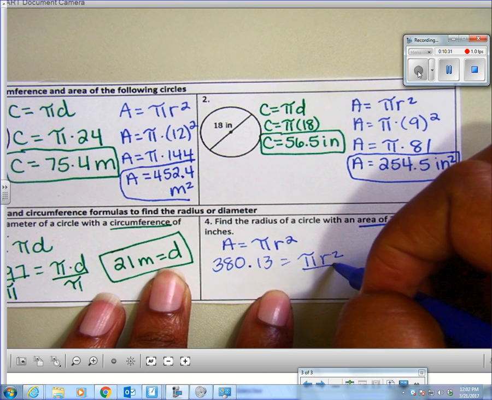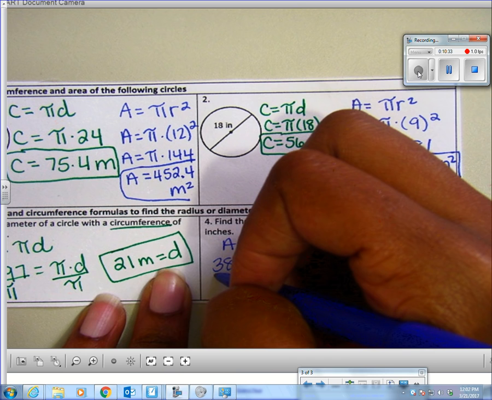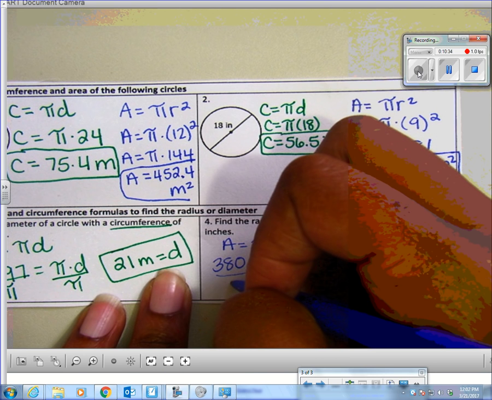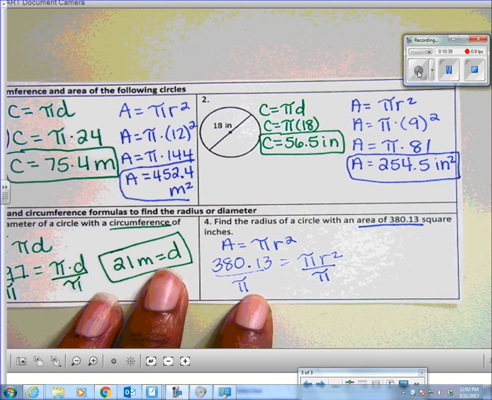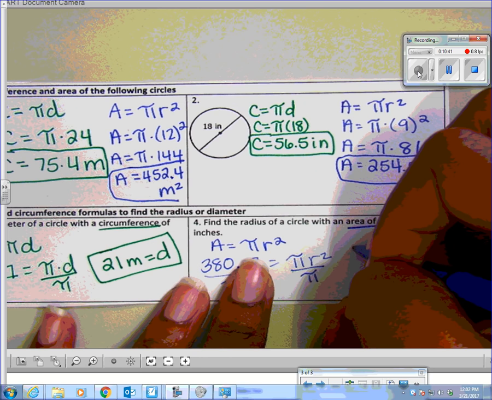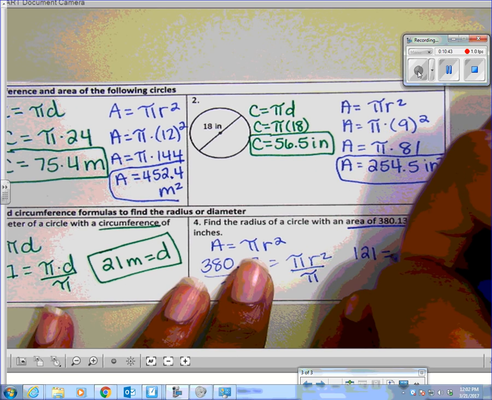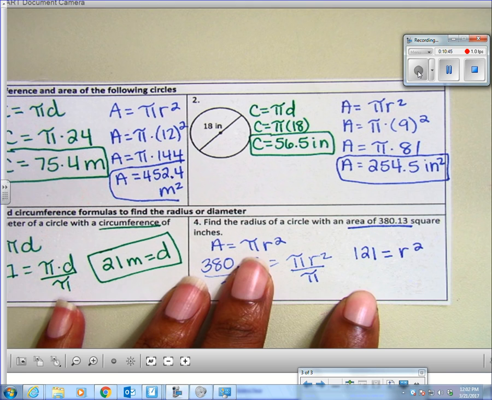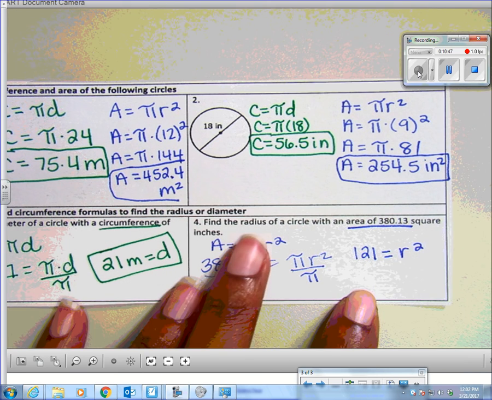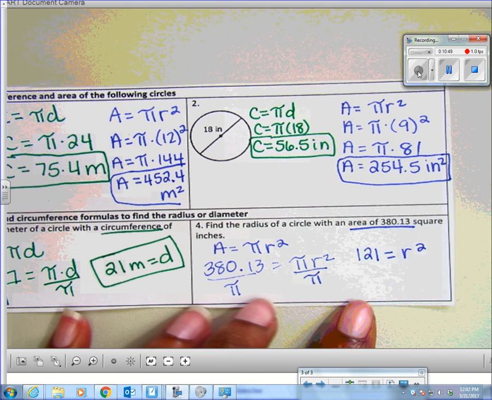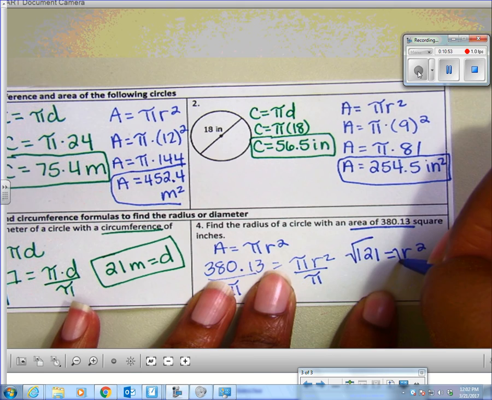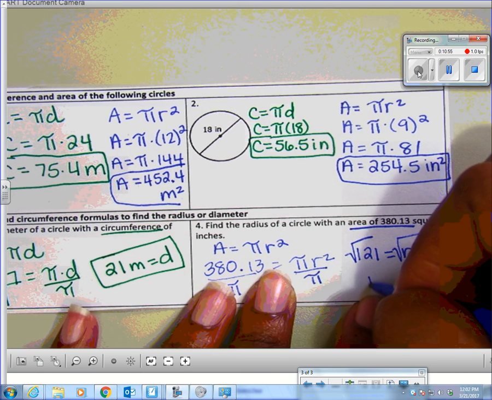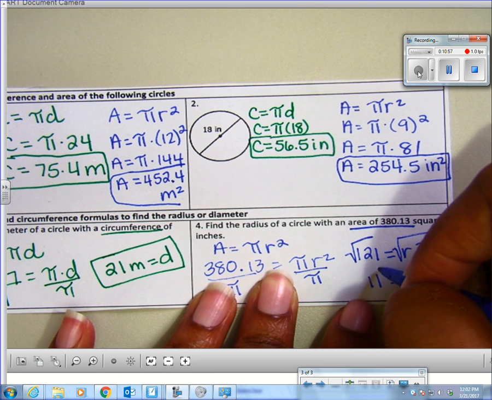We're going to divide by pi. And so now 380.13 divided by pi gives us roughly 121 is equal to r squared. Now we want to know what the radius is, not what the radius squared is. So in order to figure that out, we're going to take the square root of both sides. And so now we get 11 is the radius.